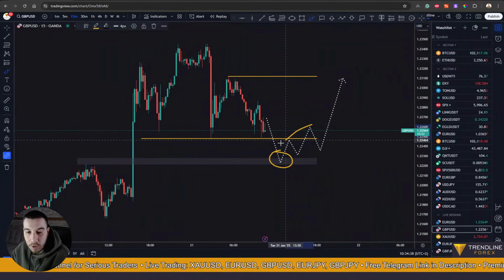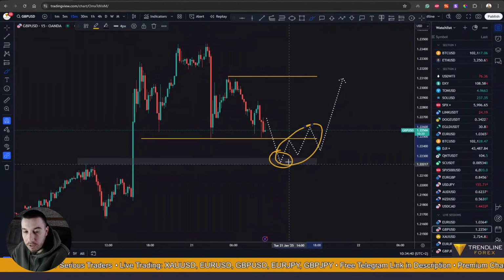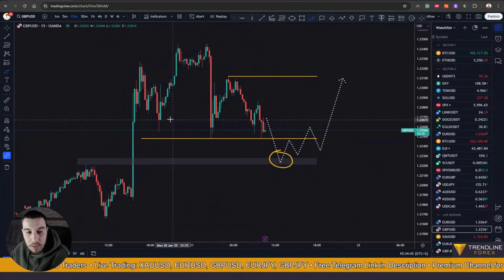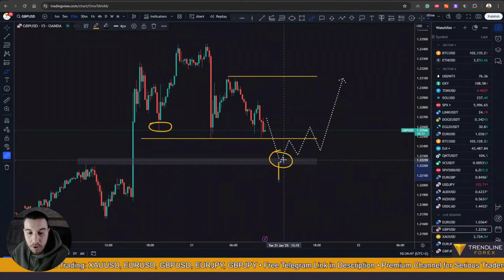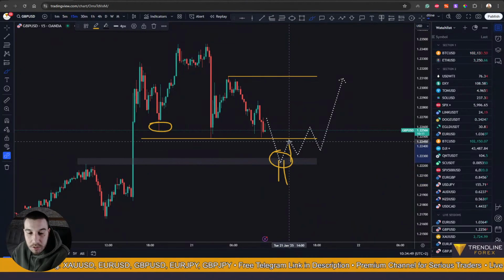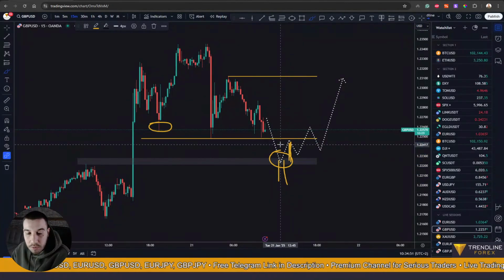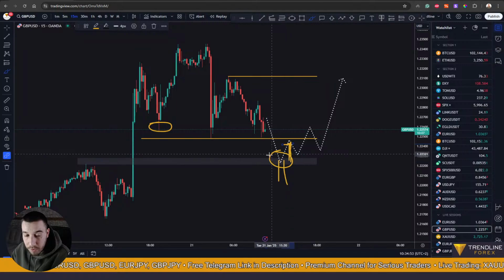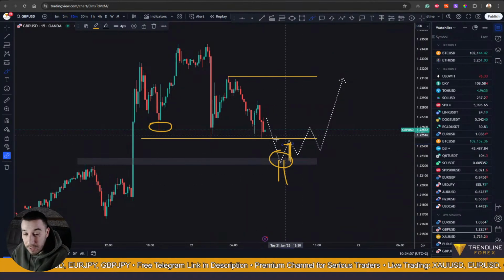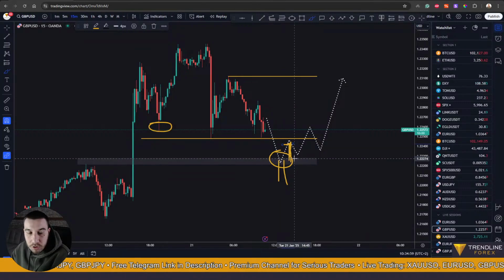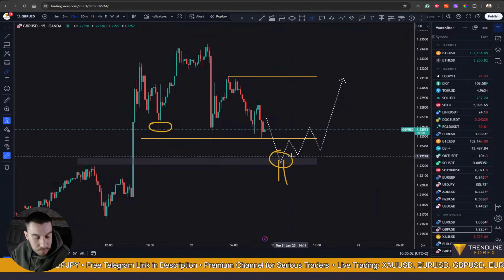So now I have to wait for some further confirmation, something like this, or let's say some rejection wicks like this, anywhere around this level, and then you see the next bullish candle being much stronger than those previous candles right here. And so if you get this type of pattern around a key level, then you can look for trades.